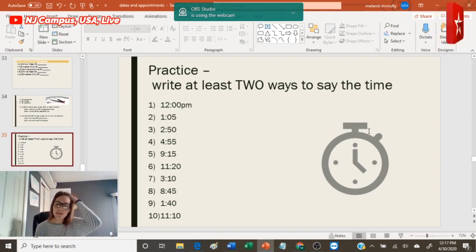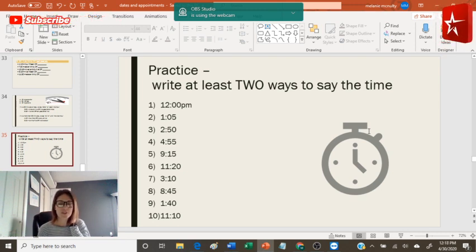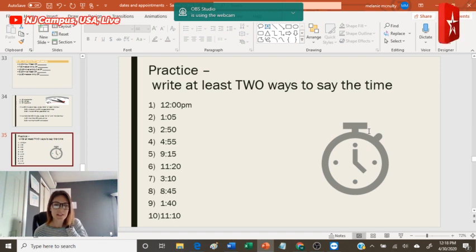Okay, so try these. Try and write 2 different ways. And you should be practicing saying these out loud too. Even though I'm not there to hear you, you should still be trying to say them out loud. The more you speak, the better you'll get.